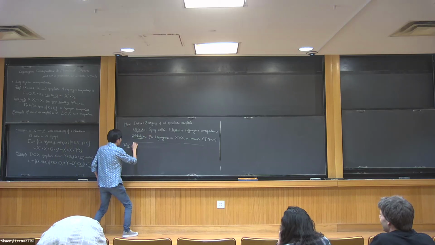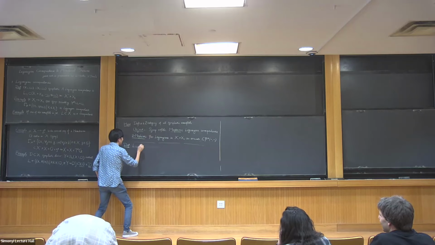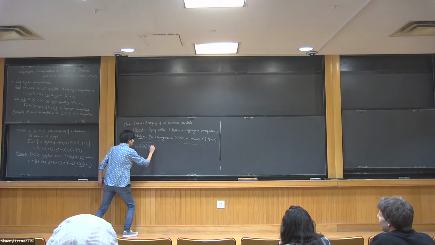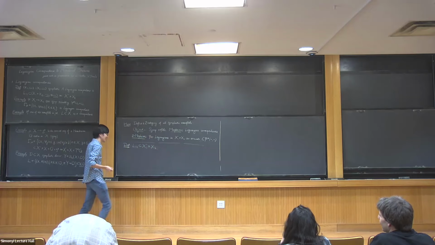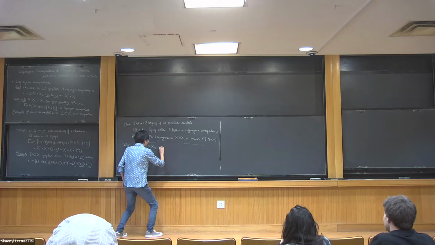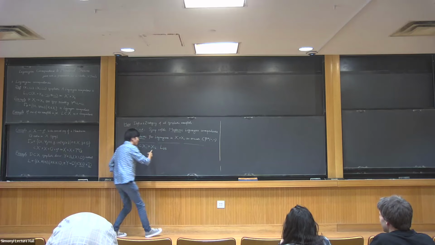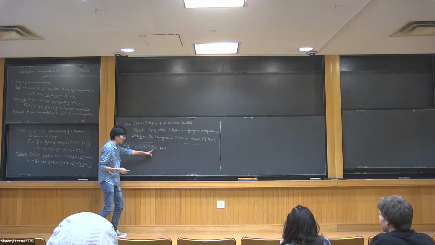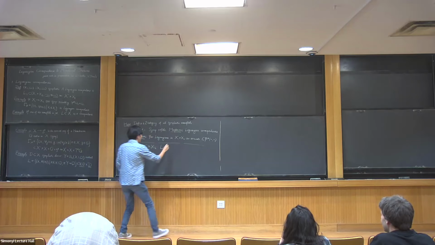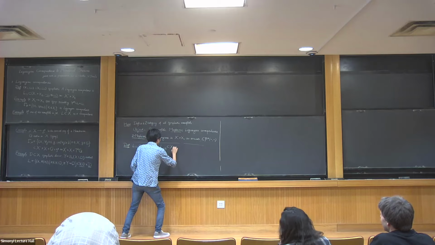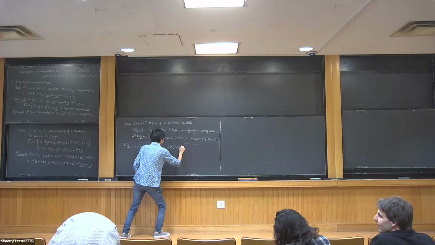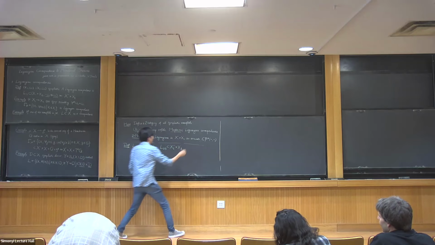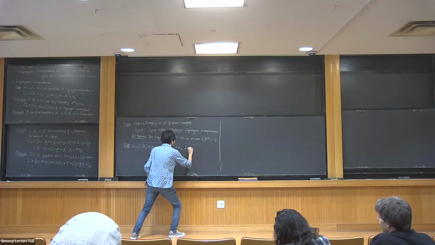So let's say you have a morphism, which is a Lagrangian correspondence between X1, X2, and you want to compose. So now you take some other morphism, starting from X2 going to X3. This would be a correspondence inside X2 times X3. Say they're Lagrangian correspondences.